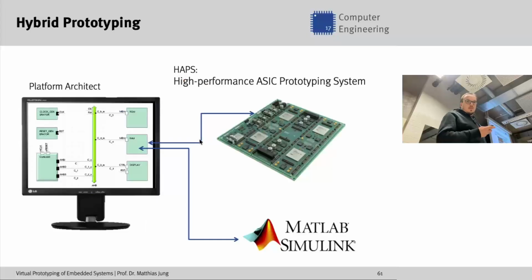Yeah, so Platform Architect offers also some other things. You can connect it, for example, also to this HAPS, high-performance ASIC prototyping system, and you can have a hybrid simulation. So some parts of your systems are just modeled in software, but then you take the RTL, put it on an FPGA emulation platform like HAPS, and then you can connect it.